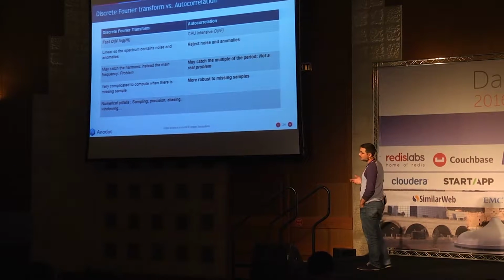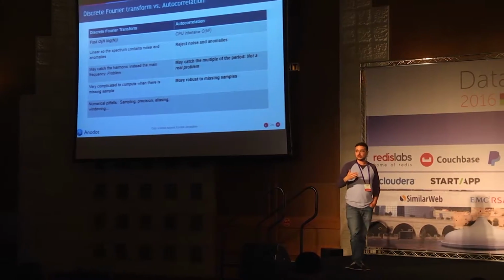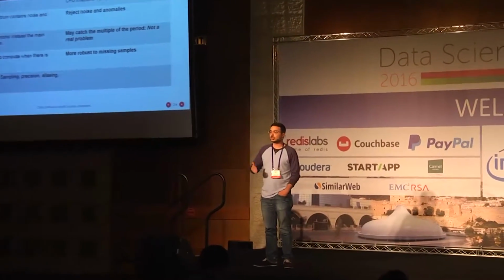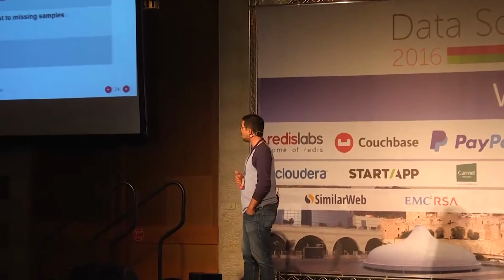Another problem is the harmonic problem. I explained that both in the autocorrelation function and in the spectrum of the Fourier transform, we have lots of local maxima. So the question is, what can occur if you make a mistake in identifying the correct local maximum? In the case of the Fourier transform, we will extract half of the period. This is problematic. We can say that a daily time series has a period of 12 hours.